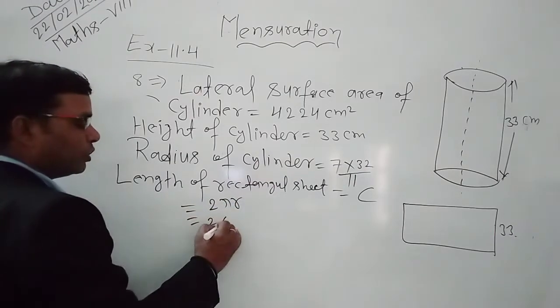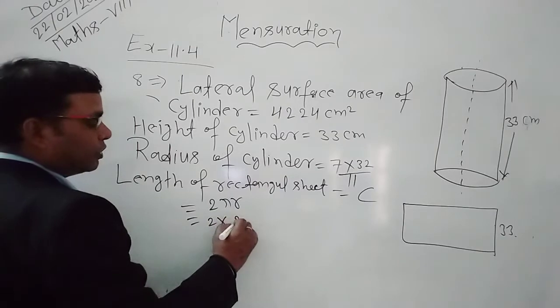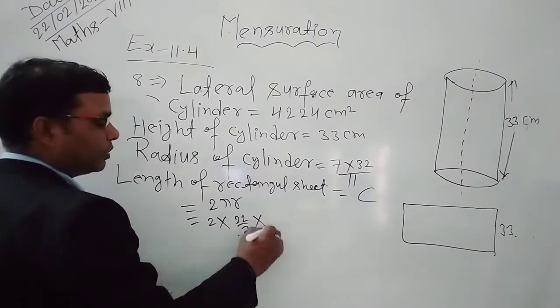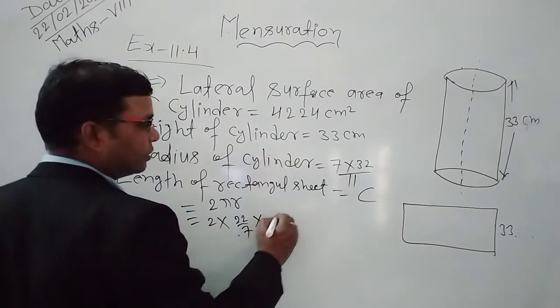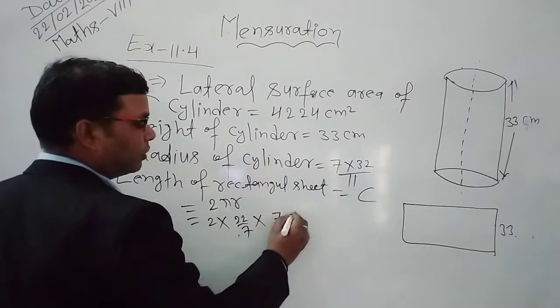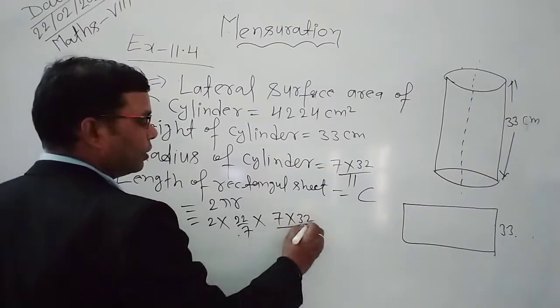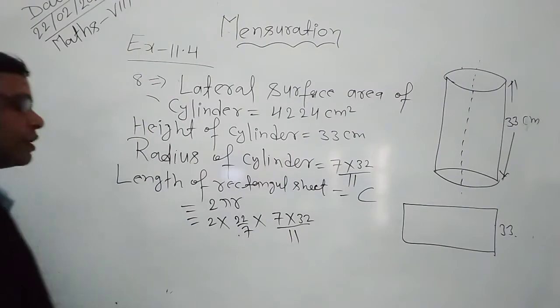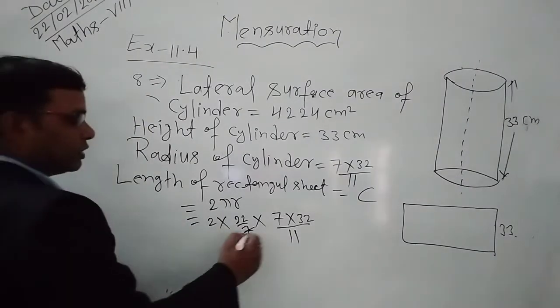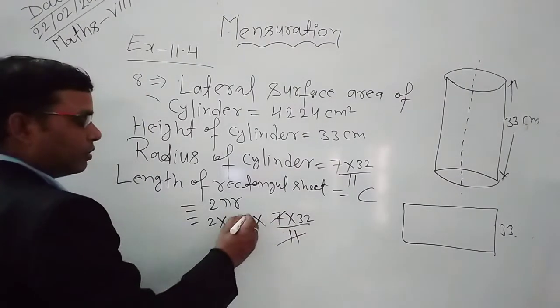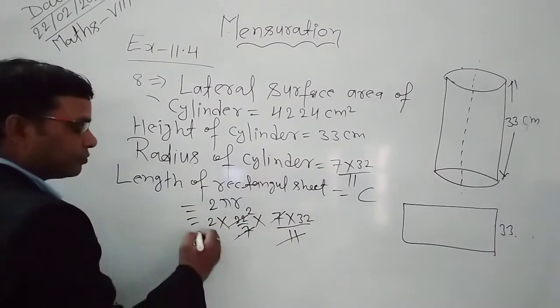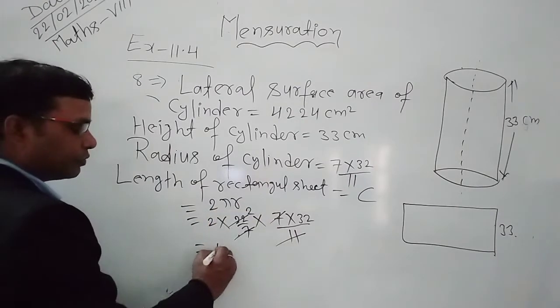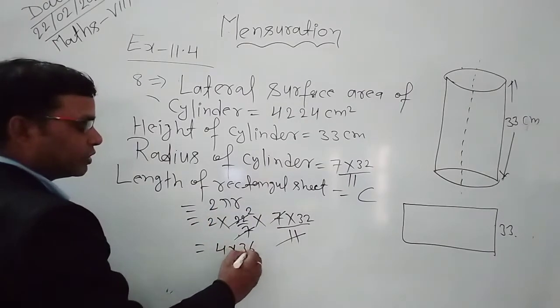This is equal to 2 into the value of pi, 22 by 7, into the value of r, which we found as 7 into 32 by 11. Okay, so you can cancel 7 by 7, and 11 by 22, and you will get 2 into 2 into 32.